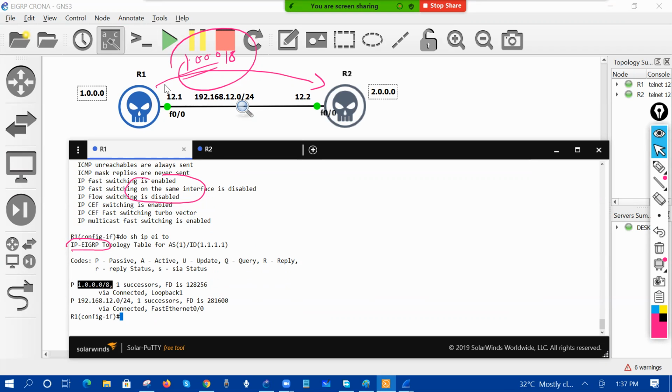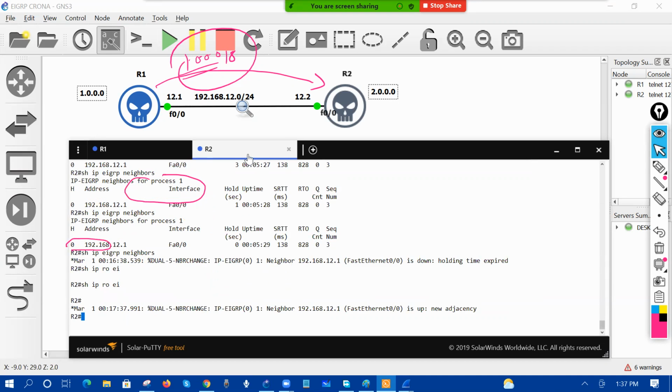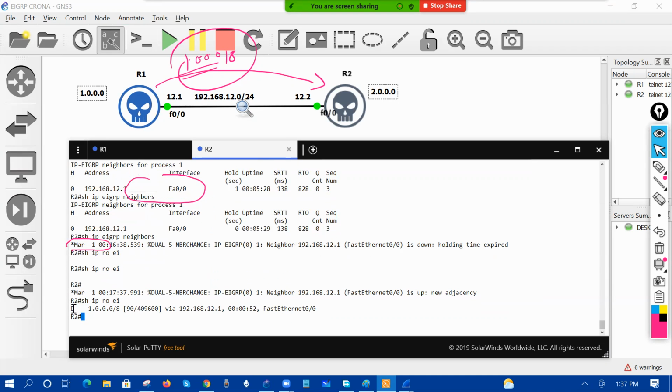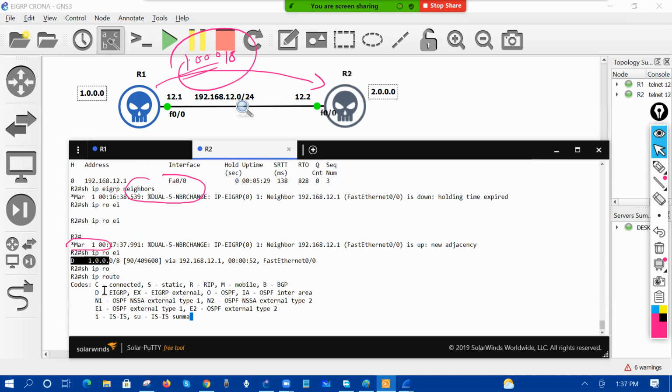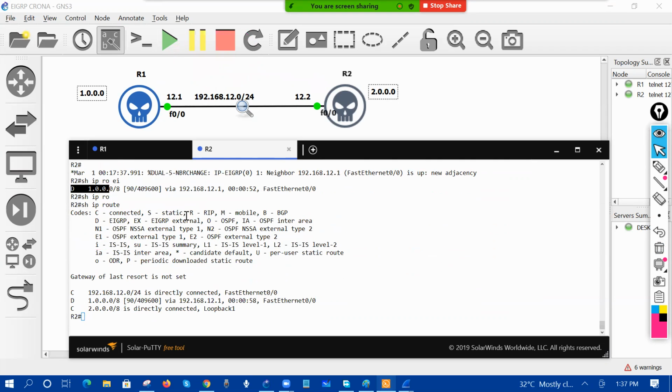At the same time, R1 is going to share this information with R2, and now R2 will have this information in the routing table. D for EIGRP, show ip route. And all good. 90 is the AD for EIGRP internal routes.